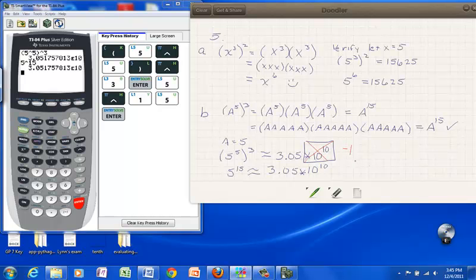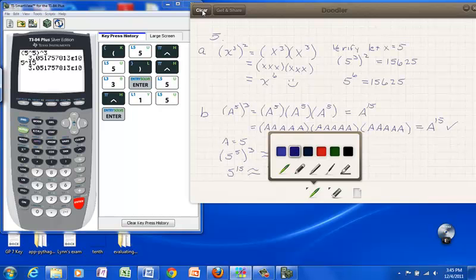One of the things we studied is scientific notation, and you should be looking for that scientific notation when you're working on your calculator, especially when you know that multiplying 5 by itself 15 times should be a very huge number. And in fact, this number written in ordinary notation would have the decimal moved 10 places back. So this is a huge number in reality.